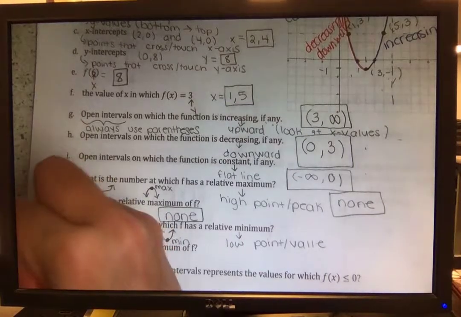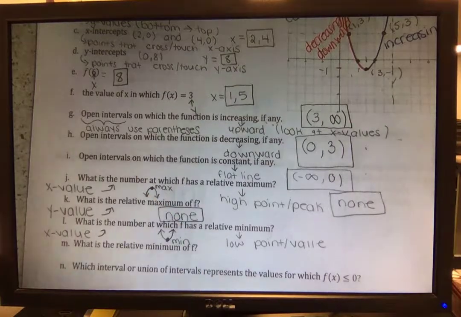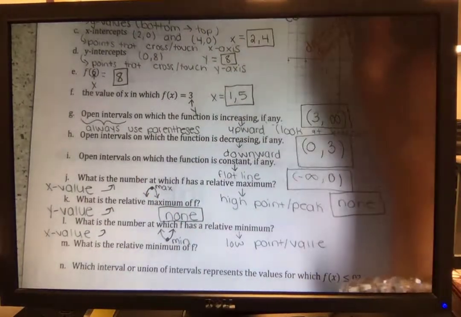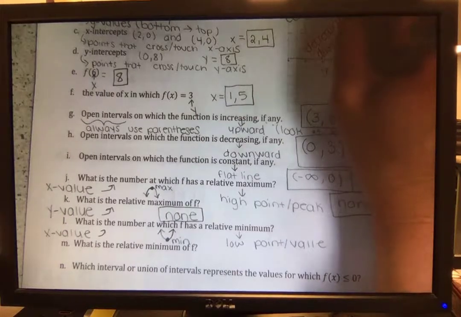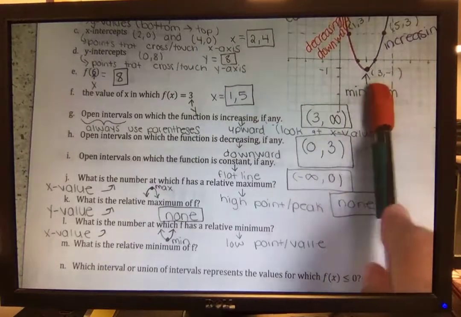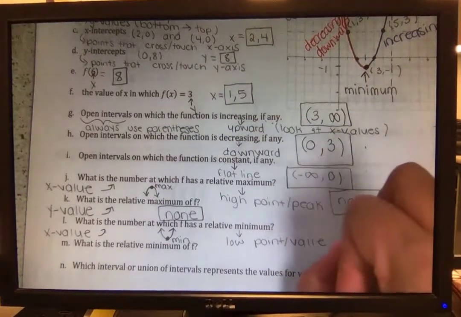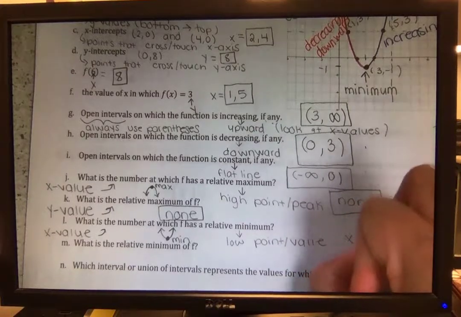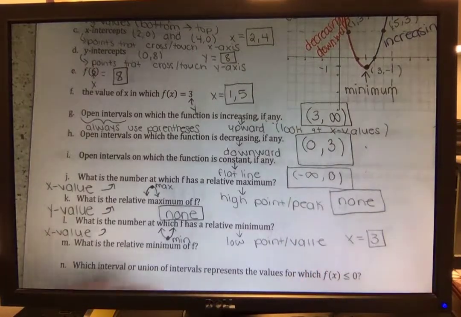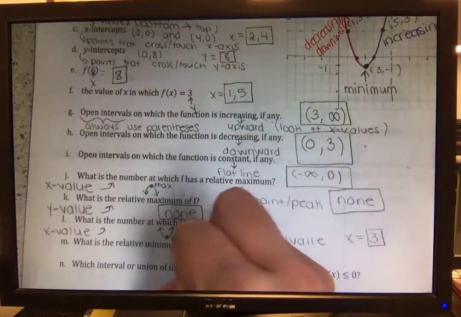Because it's looking for where it's at, it's asking for an x value. So this point down here is our minimum, our low point. We said that point was (3, -1). So this is going to have an x value of 3. And then what is the minimum? What is the lowest y value? That's going to be our y value of -1.